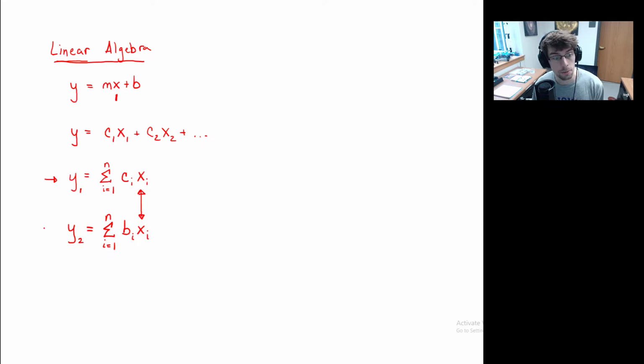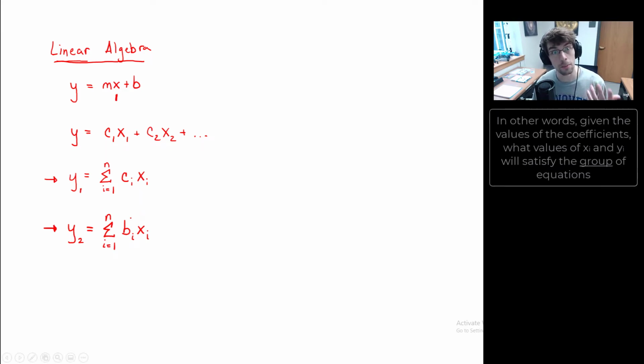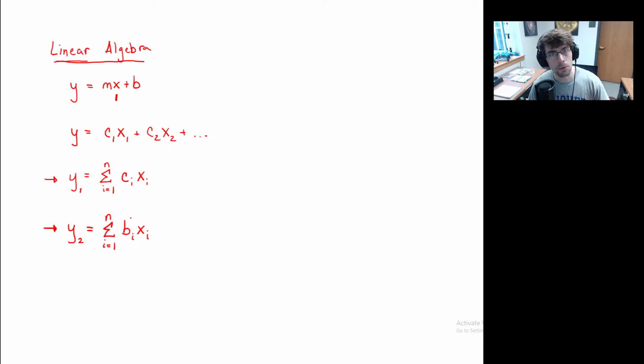And linear algebra will say two things. It will first of all determine whether there is a common solution for both equations. And if so, what is that solution? Hopefully you can appreciate this can get difficult really quickly. Now, of course, you don't have to stop there.